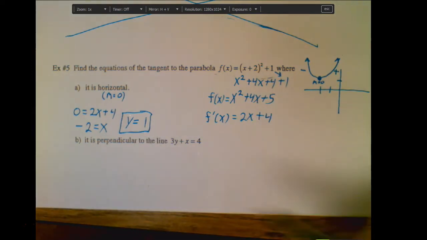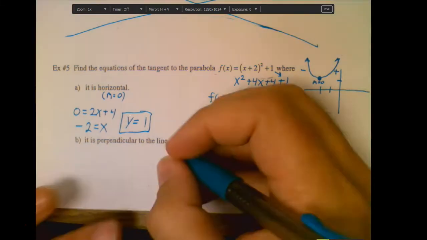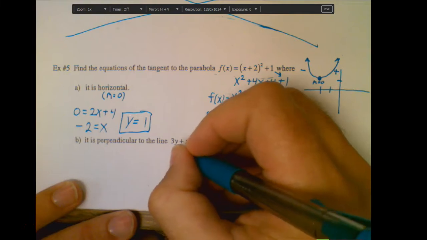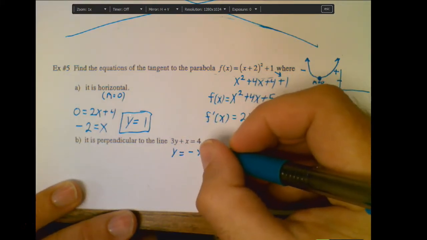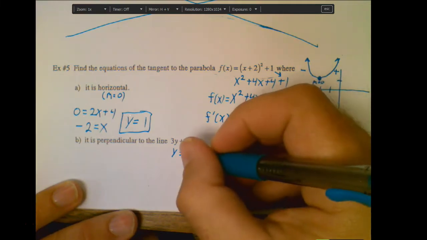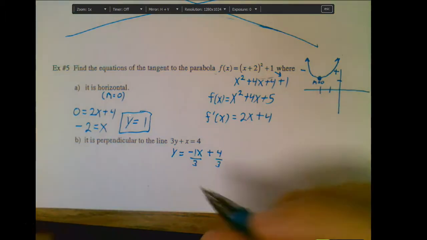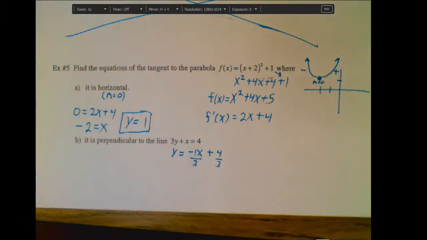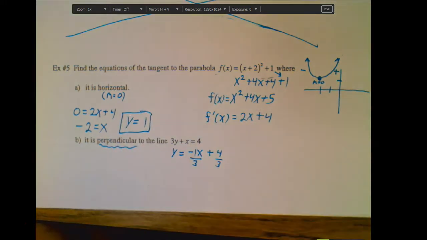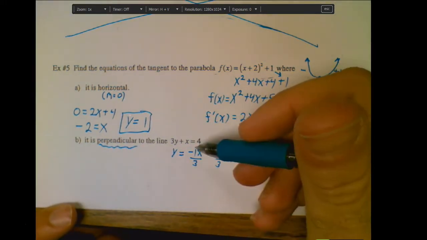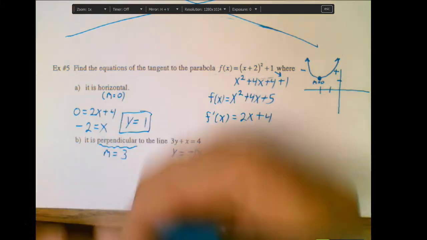So last one. In this case, it is simply perpendicular to this line. So first things first, let's get y by itself. So if I subtract the x over and divide everything by 3, we can see that the slope of this line is -1/3, which means the slope that is perpendicular to that would be the opposite reciprocal slope, which is +3.